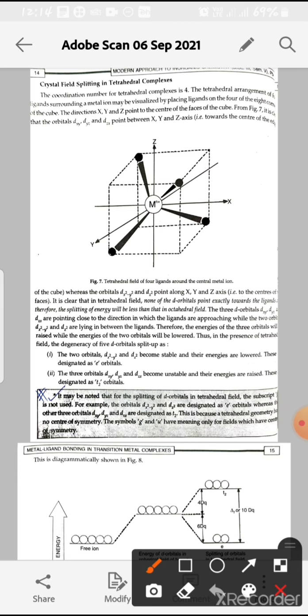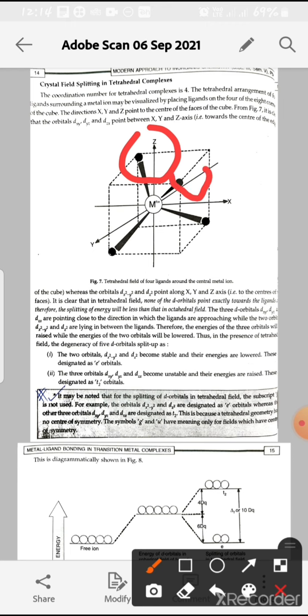How will we represent the tetrahedral arrangement? It is represented by a cube in which the central metal ion is at the center of the cube and 4 ligands are present at 4 corners, at alternate positions.